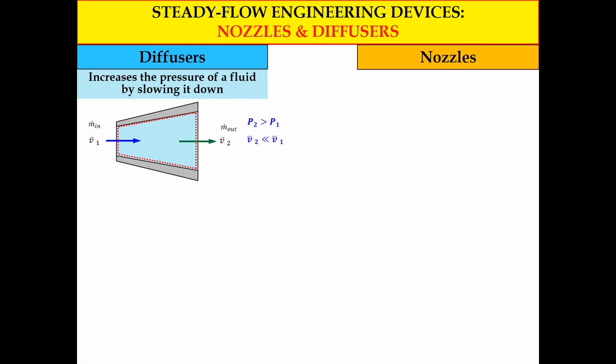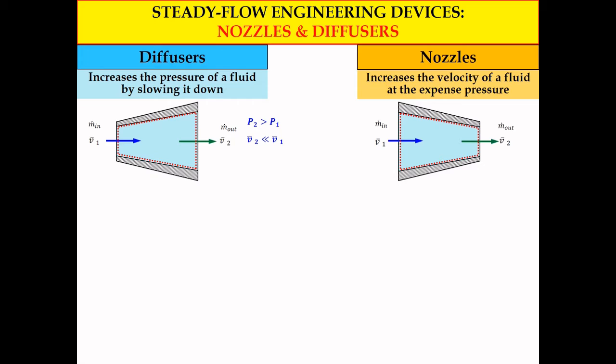However, for the nozzle, in terms of function, the nozzle will increase the velocity of the fluid at the expense of pressure. Okay, so now we have the second schematic diagram that represents the nozzle. So in terms of shape, if you compare to the diffuser, the nozzle shape will be reversed.